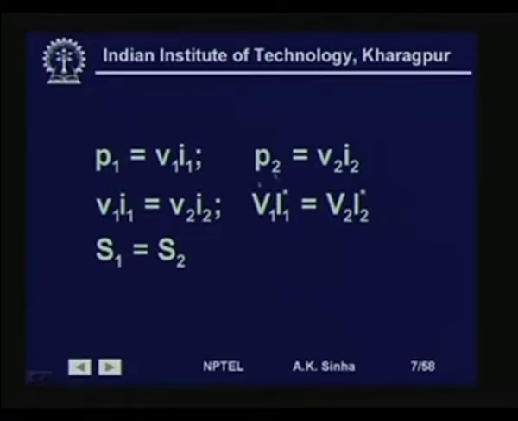That is, we say S1 is equal to S2, where S1 is the complex input power, equal to P1 plus jQ1, and S2 is equal to P2 plus jQ2, where P1 is the input real power, Q1 is the input reactive power, P2 is the output real power and Q2 is the output reactive power.